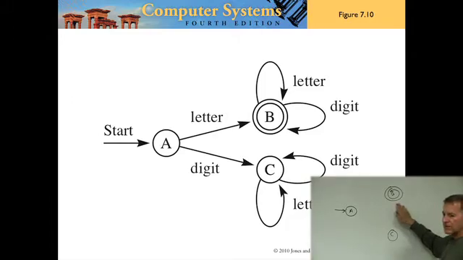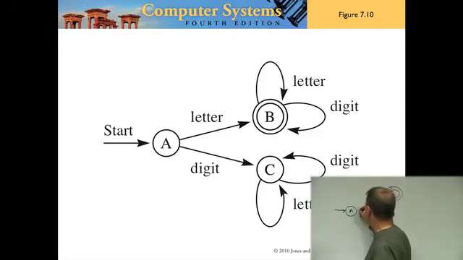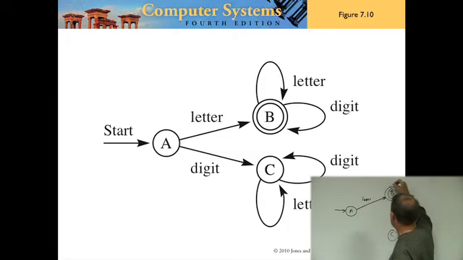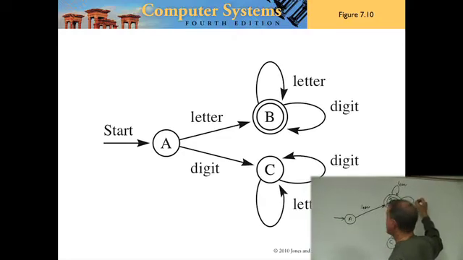You can have more than one final state, and we will eventually. And then here's another state, and then the transitions between them. So with this machine, there's a transition from A to B on a letter. Then from B to B on a letter, and from B to B on a digit.